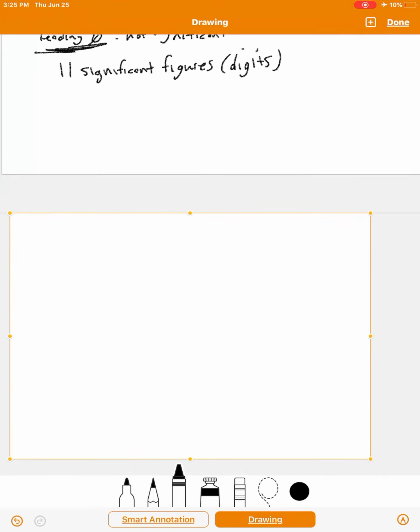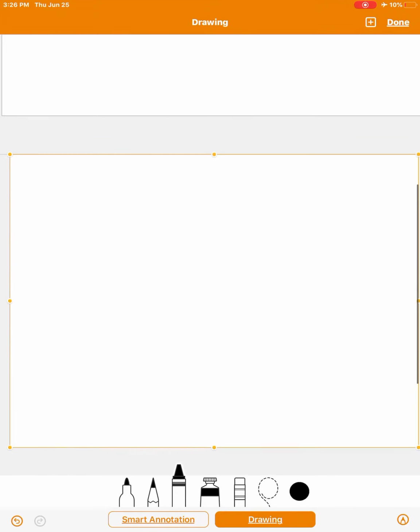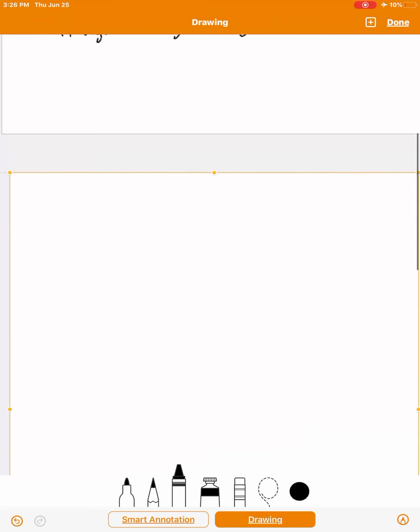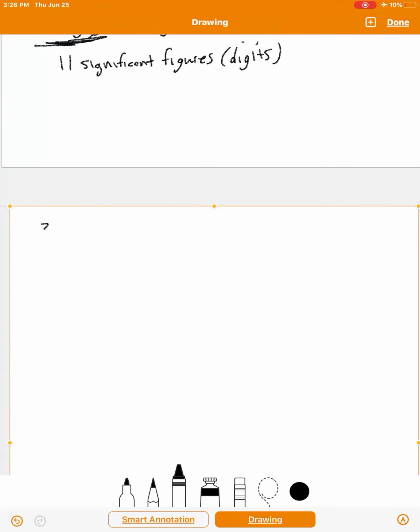Let me just show you a couple more. There's a number, 30,210. For those of you who use commas as decimal points, be careful. Here, the comma is a placeholder for thousands and millions, powers of 1,000.